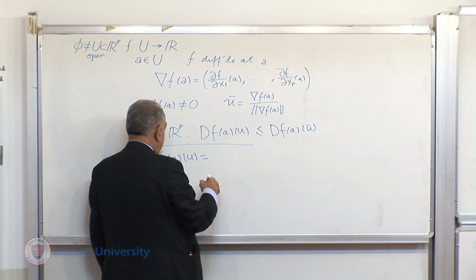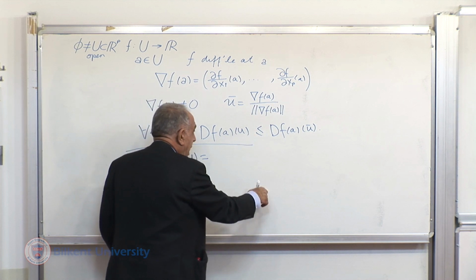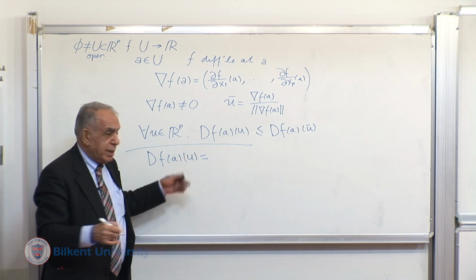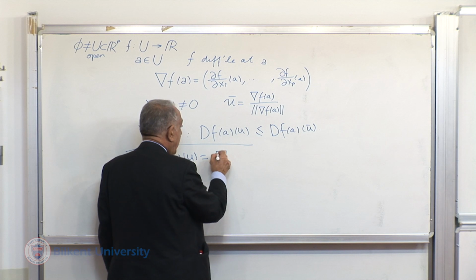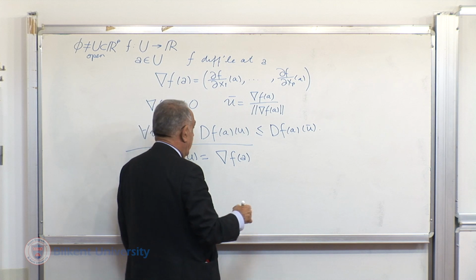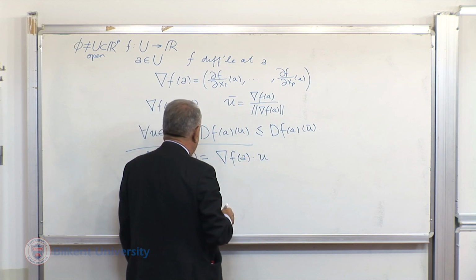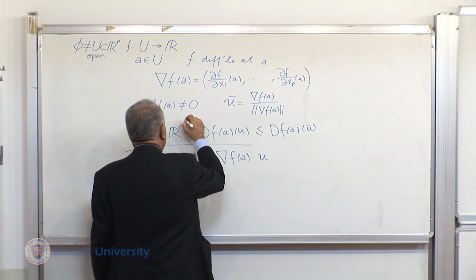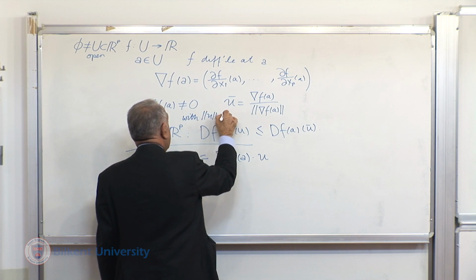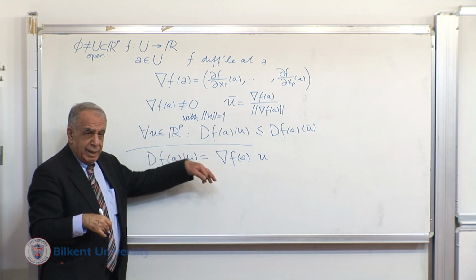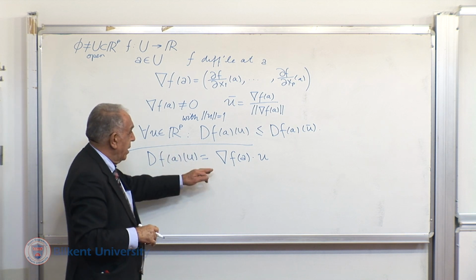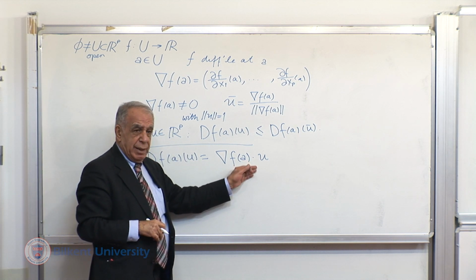Well, it's the Jacobian times the column matrix U, which is the same as the inner product of this with U. And here we take this to be 1 as well. Otherwise, it will not work. So you make them all of length 1. But this is an inner product.